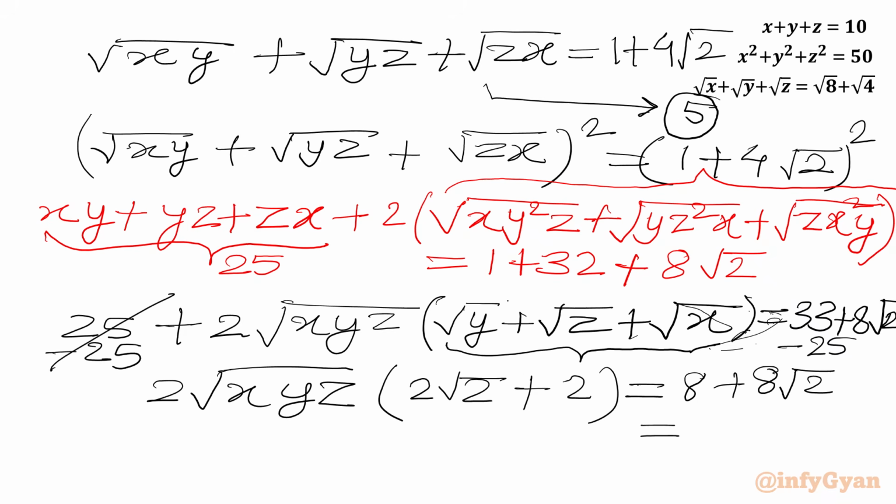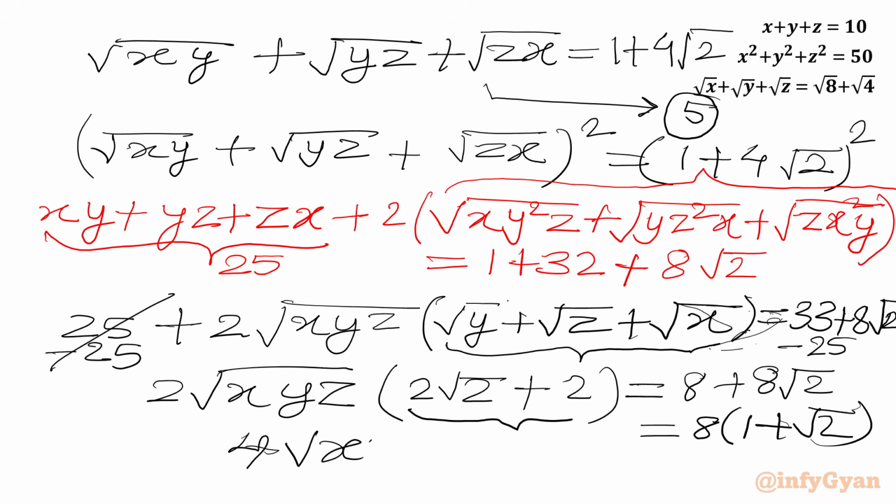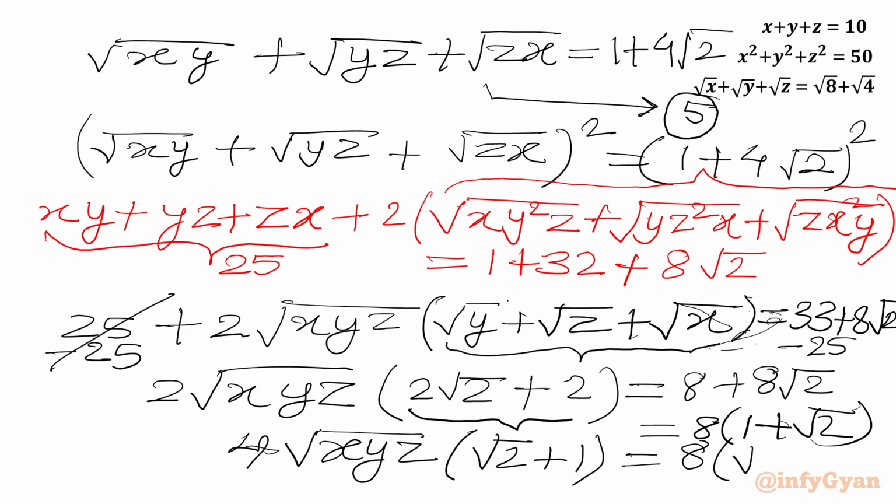Now 8 is common from the right hand side. So in the bracket we'll write 1 plus root 2. Now here also we will take 2 common. So I can write 2 times 2, 4 square root xyz, in bracket root 2 plus 1, equal to 8 times root 2 plus 1.